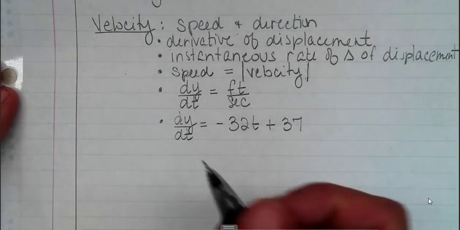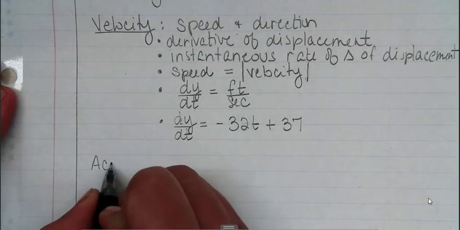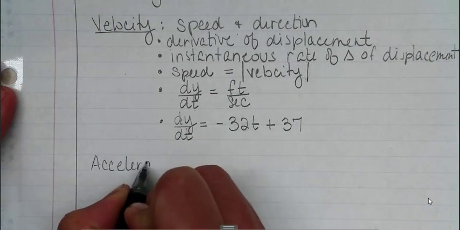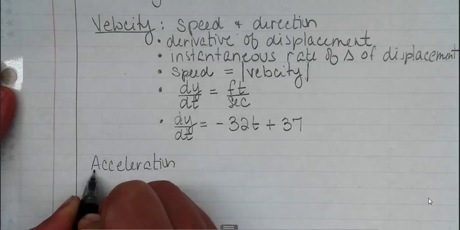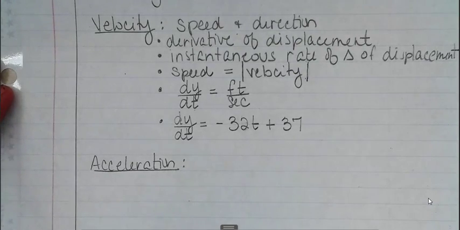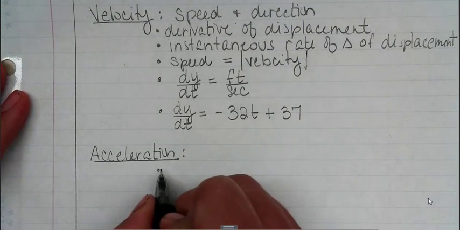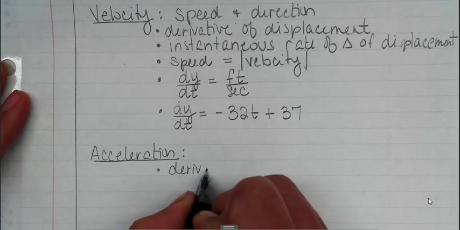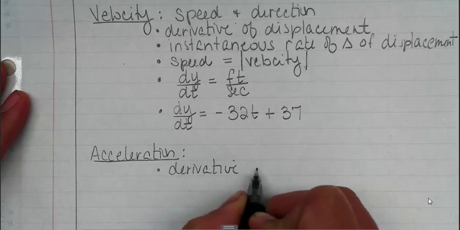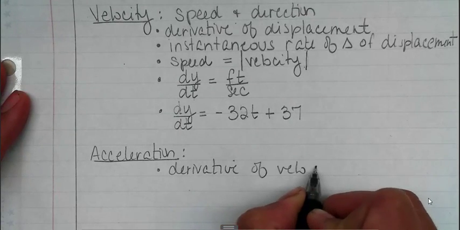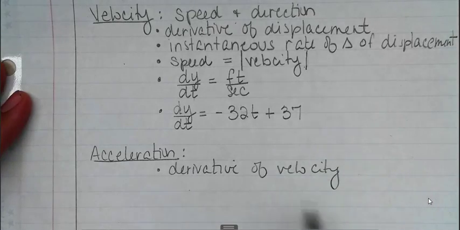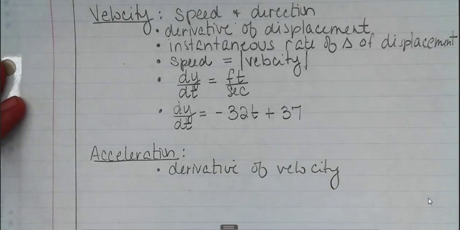That rate of change of your speed is going to be acceleration. So this then is the derivative of velocity, because it's the rate of change of your velocity.